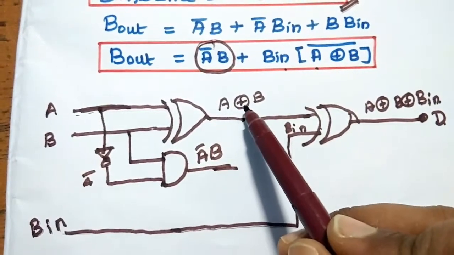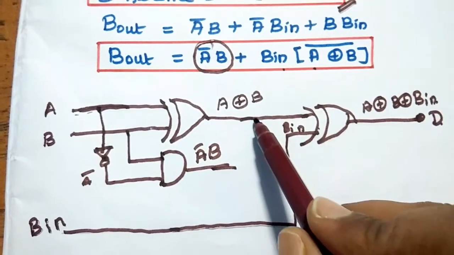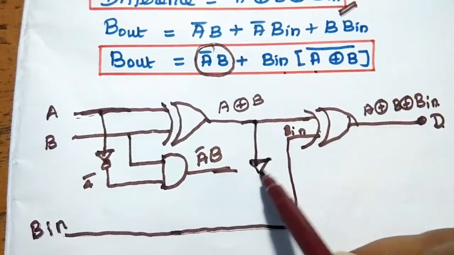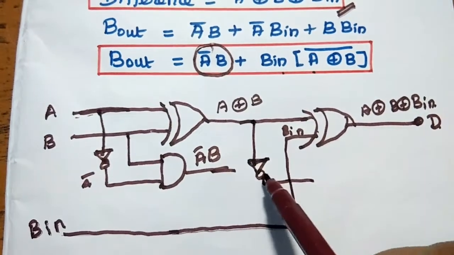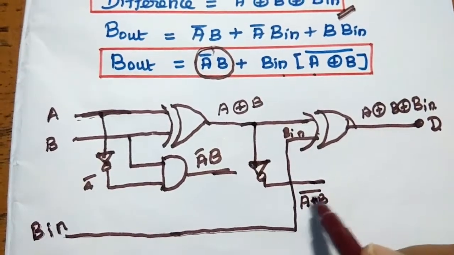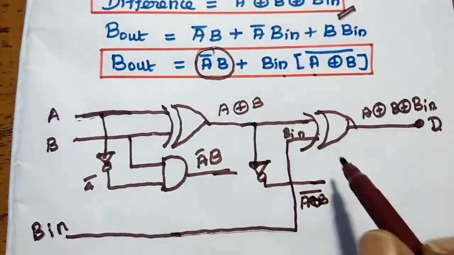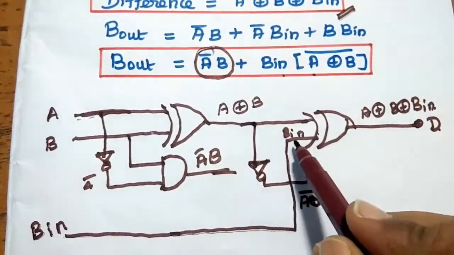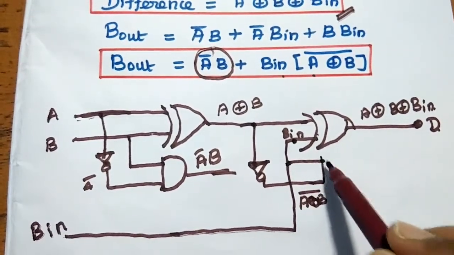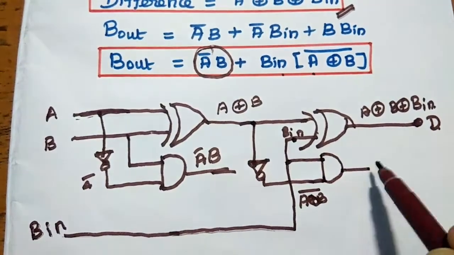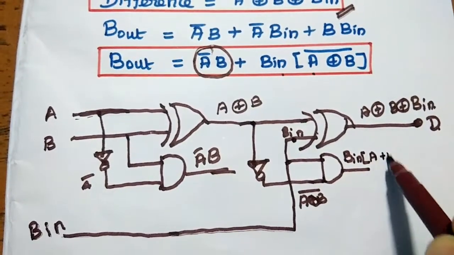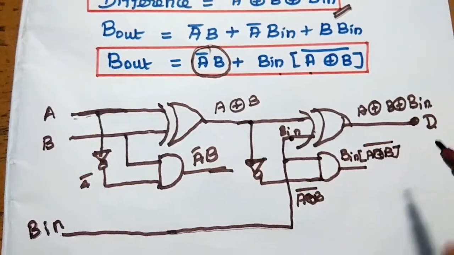We have A XOR B already. So now we are going to take one NOT gate for this value. Here we have obtained the complement of A XOR B. That value is multiplied with B in. So here B in is there. We can take B in as such. Both are given as input to one AND gate. Here we can obtain B in multiplied with the complement of A XOR B.